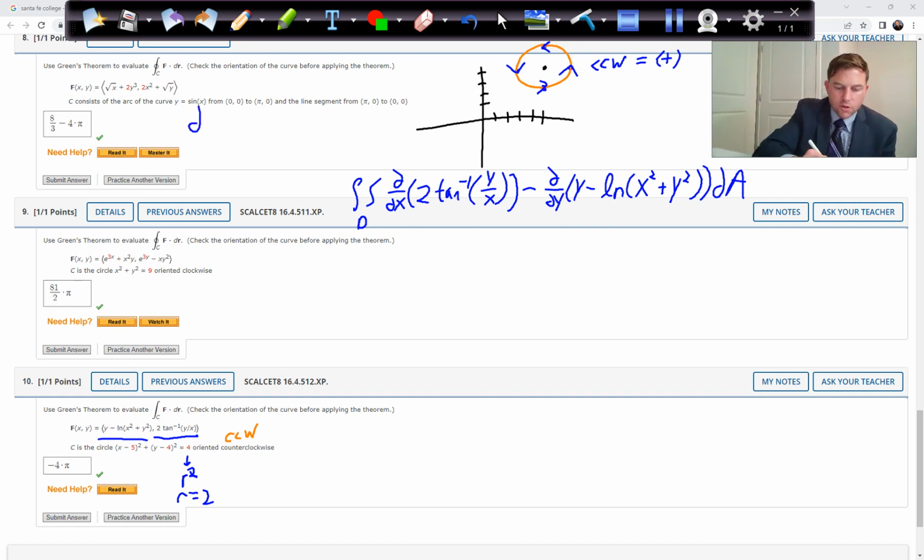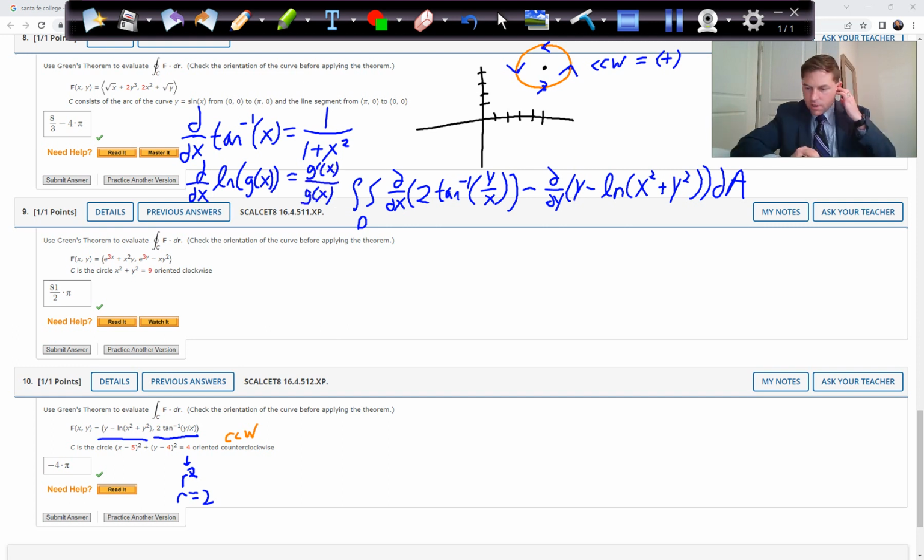Now the derivative with respect to x of arctangent of x is 1 over 1 plus x squared. We're going to need that. And we're going to recall that the derivative with respect to x of the natural log of some function g of x is equal to g prime of x over g of x. So we need those two refreshers on those derivatives to get this.